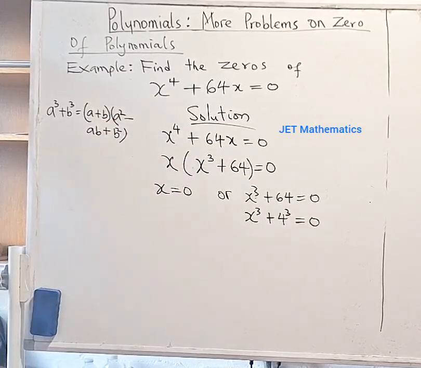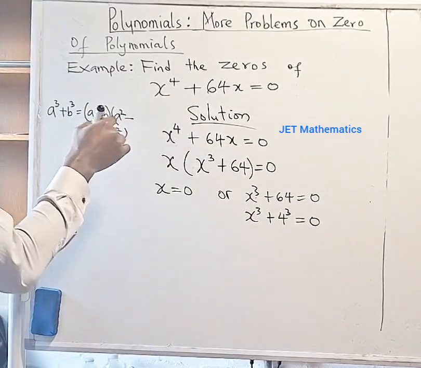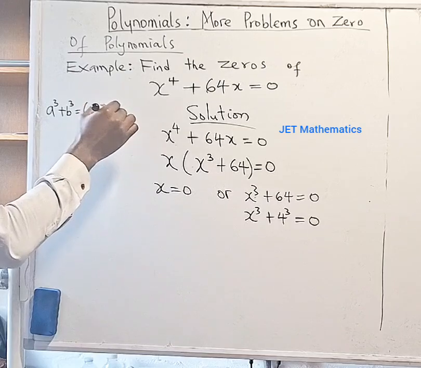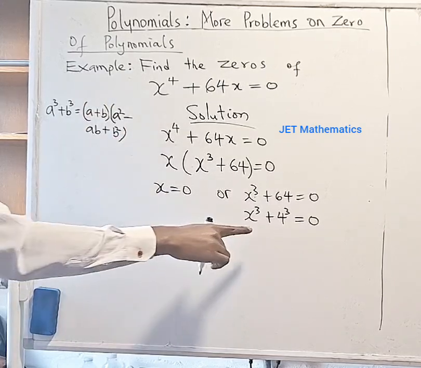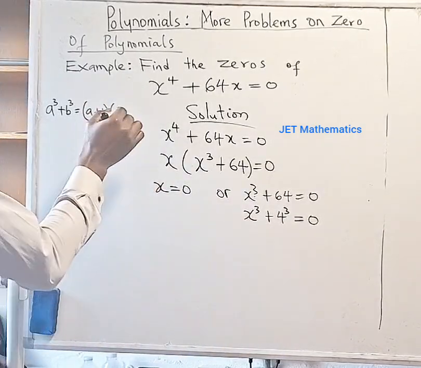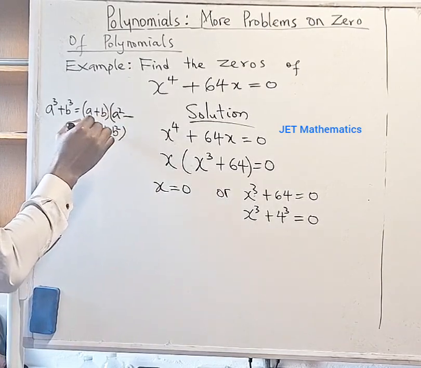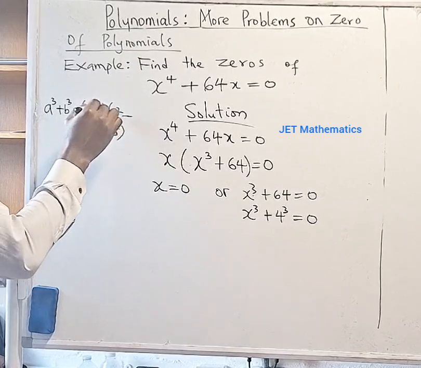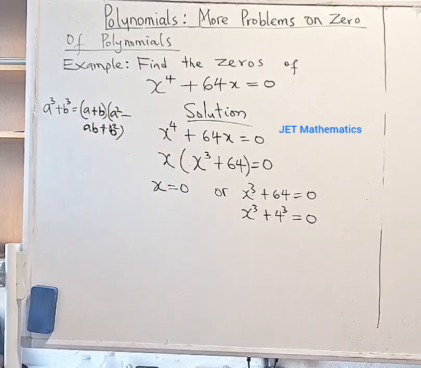In our last video we did something on the difference of 2 cubes, but this now is the sum of 2 cubes. This is how you factorize the sum of 2 cubes.